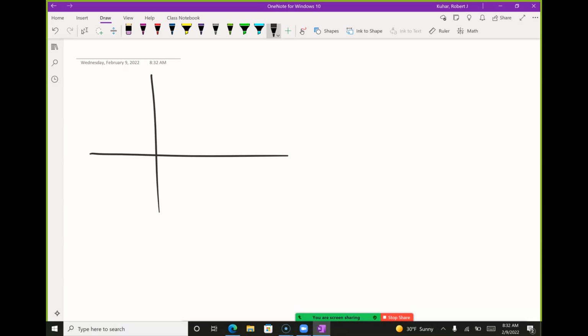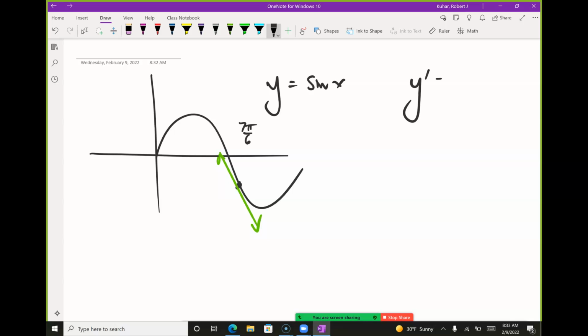So sine, let's do a tangent line at, let's say, 7 pi over 6. So y equals sine of x. Y prime is cos of x.